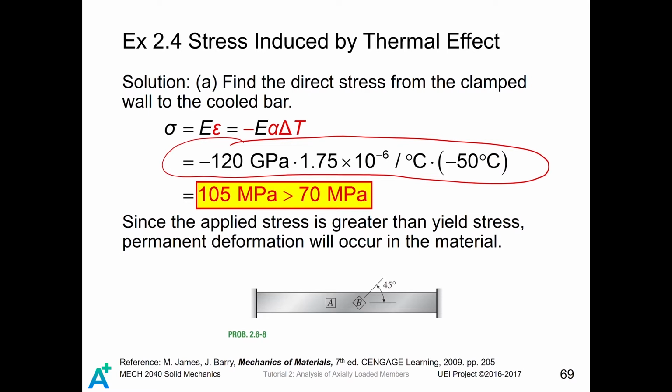As we discussed in previous sections, when a material is under a stress beyond its yield stress, the material will undergo plastic deformation, or so-called permanent deformation. Therefore, it is proved that permanent deformation will occur in this material.